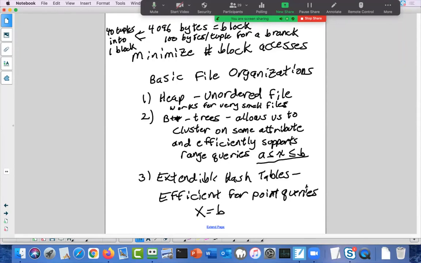The primary key is often an artificial key, and it makes no sense to do a range query on an artificial key like hotel number. But it might make sense to do a range query on a person's last name, like give me all people with the last name of S.